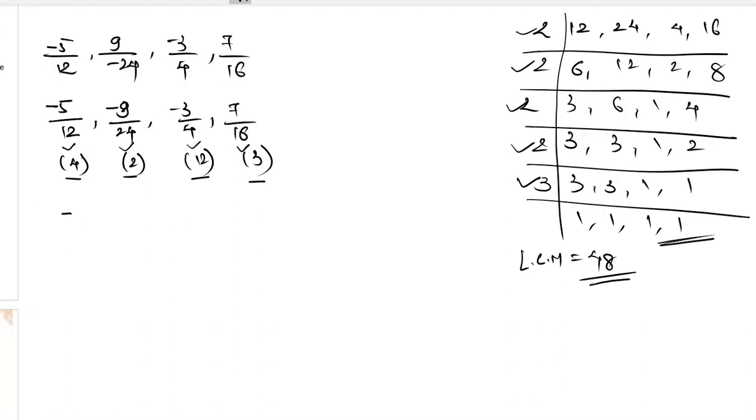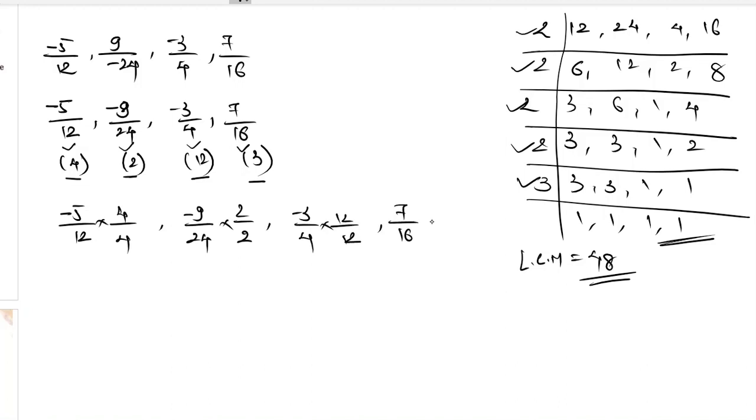So minus 5 by 12 into 4 by 4, comma, minus 9 by 24 into 2 by 2, comma, minus 3 by 4 into 12 by 12, comma, 7 by 16 into 3 by 3.